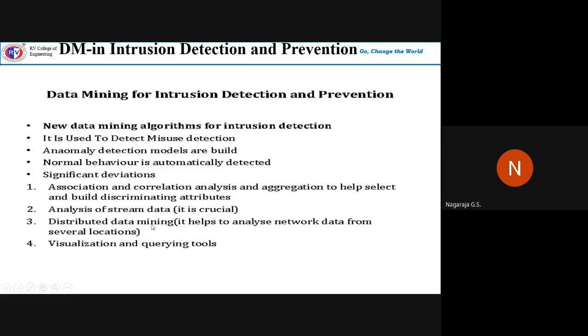Analysis of stream data is the third point of data mining. It helps analyze network data from several locations, with visualization and querying tools. So we are trying to say that these are all the sectors wherein data movements happen frequently from one location to another location.